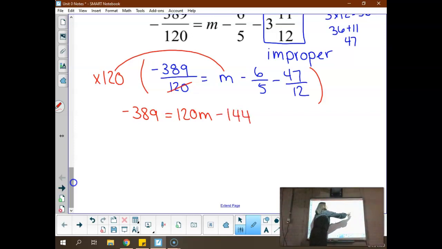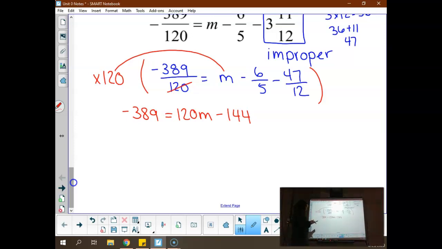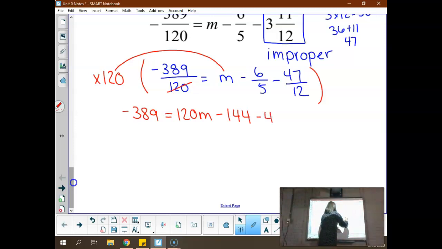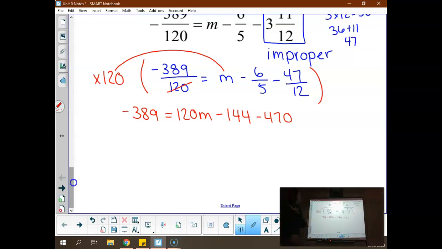And I'm going to do it again right here. So 120 times 47 divided by 12, and that gives me 470. So did you get rid of the fractions? Absolutely. Does it look a little worse? Yeah. They're big numbers. That's why you got a calculator.